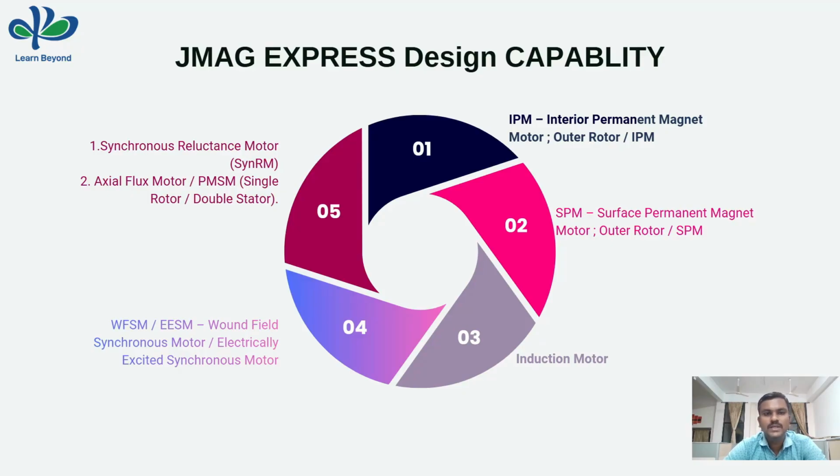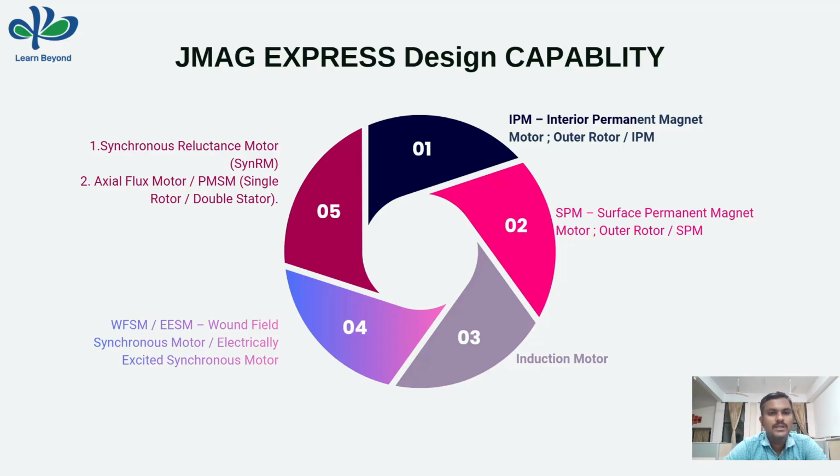In JMAG Express, nearly seven types of motor templates are available. First is the IPM, the interior permanent magnet motor type, which can be used in the JMAG Express software. The second type we can choose and design is the surface permanent magnet motor. We also have an induction motor in JMAG Express. A wound field type of synchronous motor can be designed, and we also have the capability to design the synchronous reluctance motor as well as the axial flux motor type.